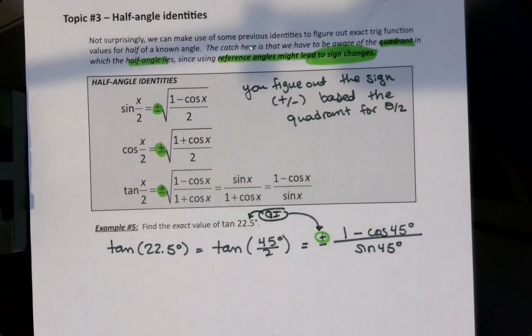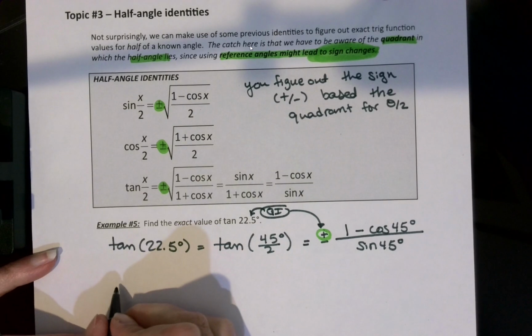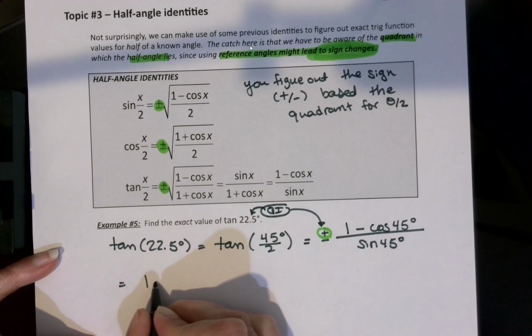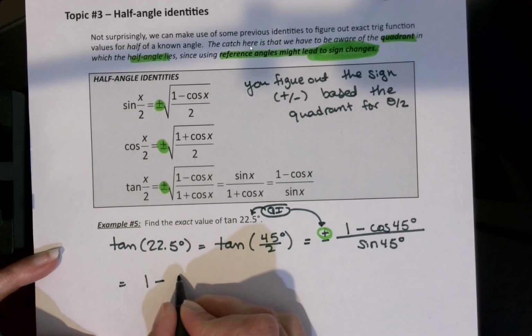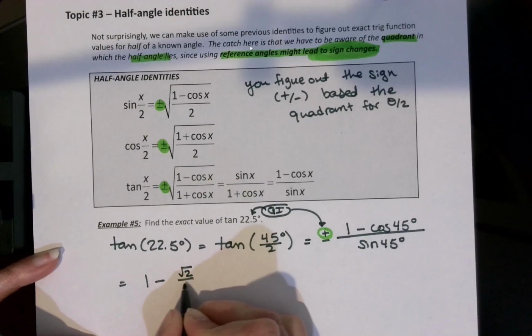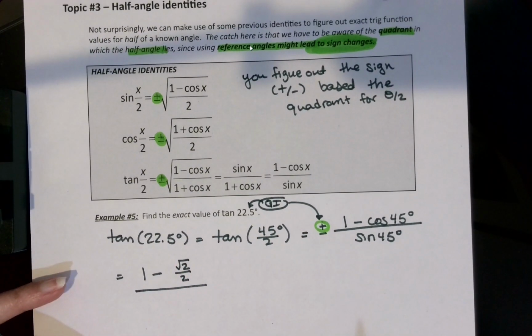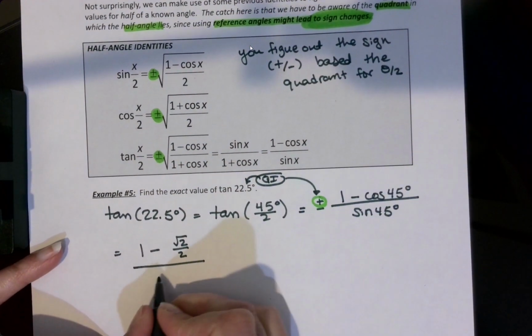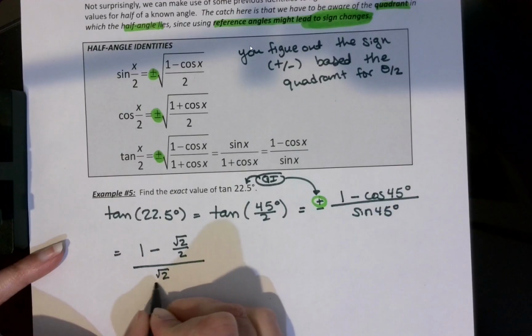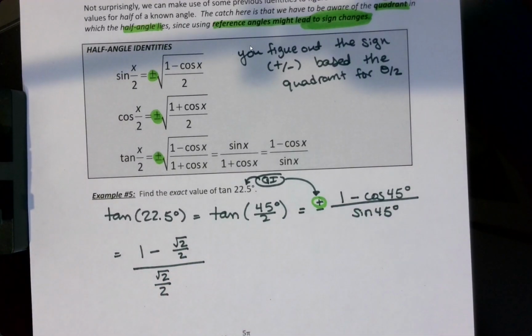So I know the answer to tangent needs to be positive. So I'm going to make sure that this becomes positive. So I need 1 minus the cosine of 45 degrees, which is root 2 over 2, over the sine of 45 degrees, which is root 2 over 2.